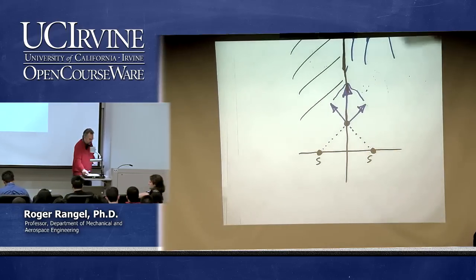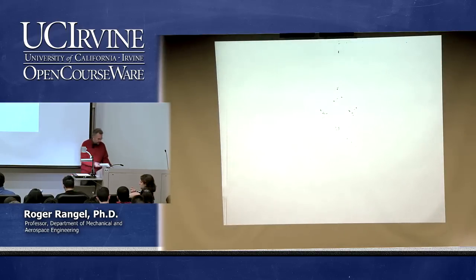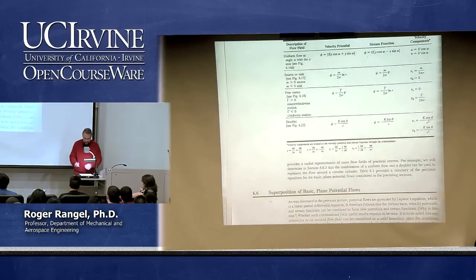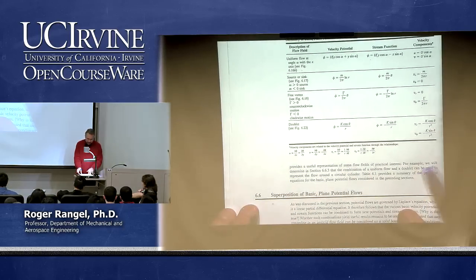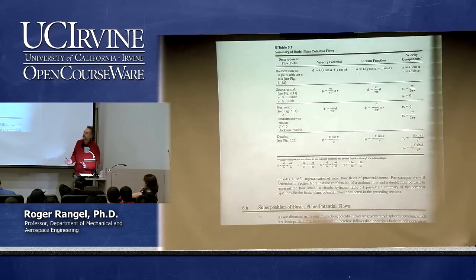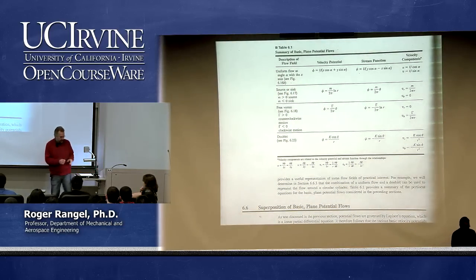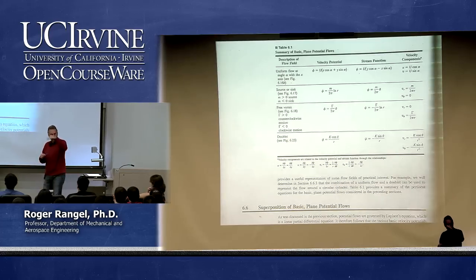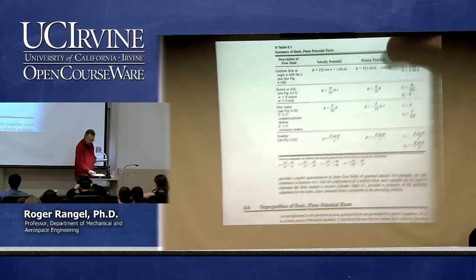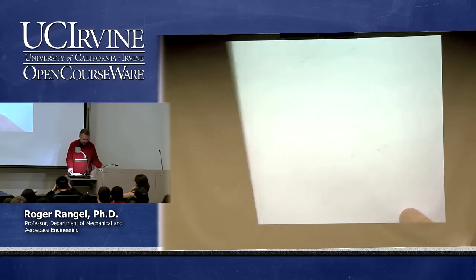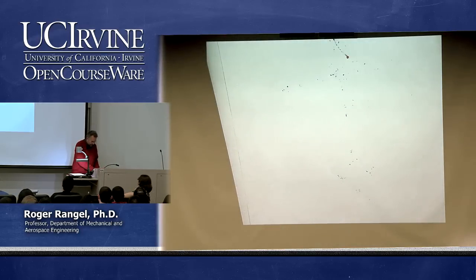Another thing that I want you to be aware of has to do with this table. For the source and the sink, it doesn't matter because the source and the sink are symmetric. But I told you the uniform flow could have any direction. So suppose that I give you a couple of stream functions instead of velocity potential.